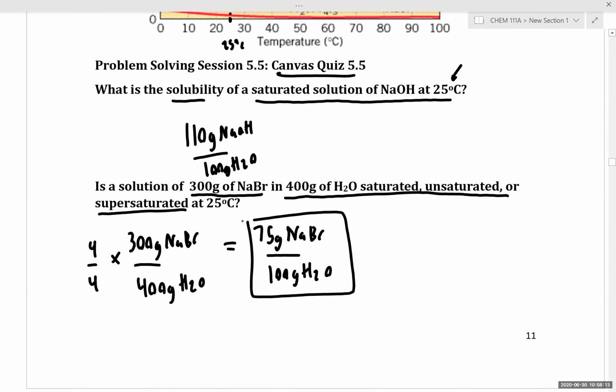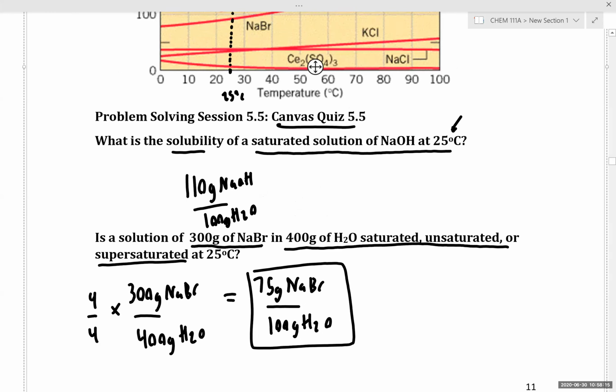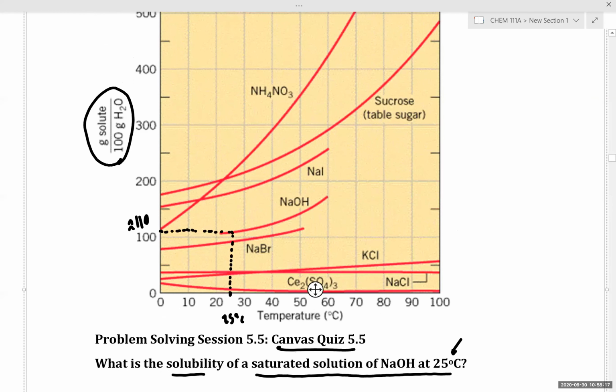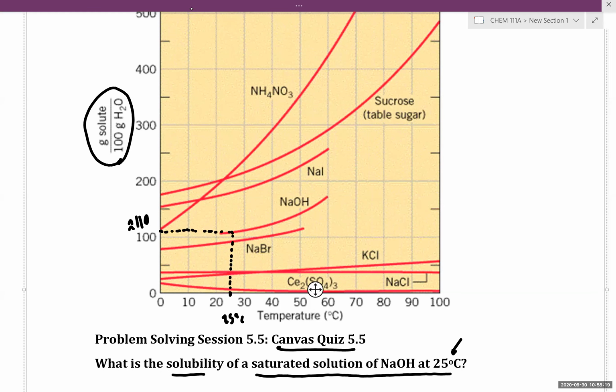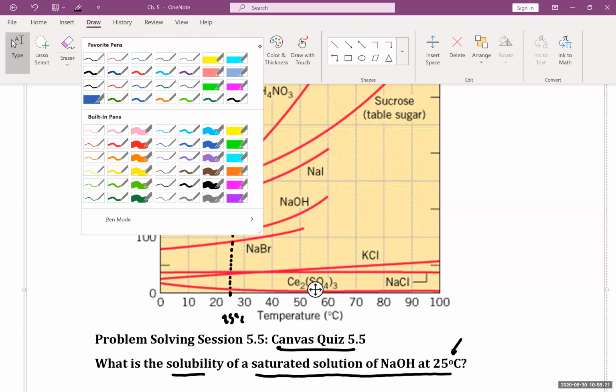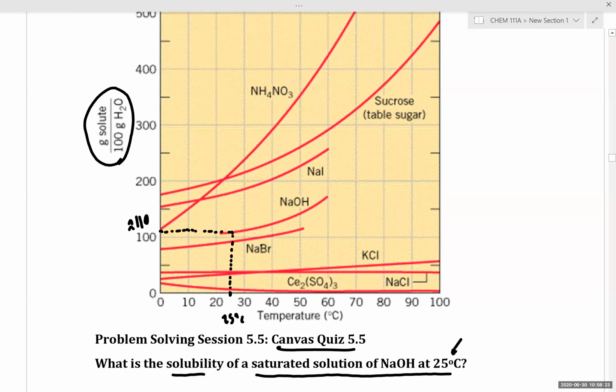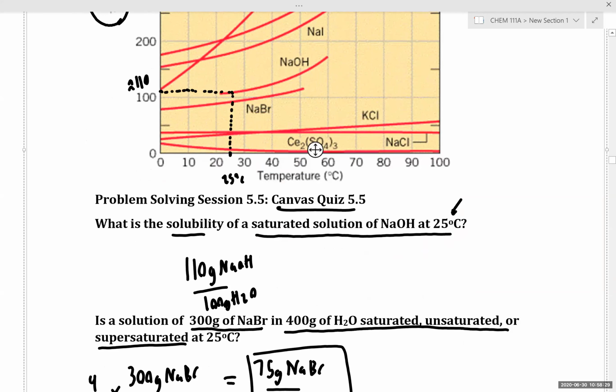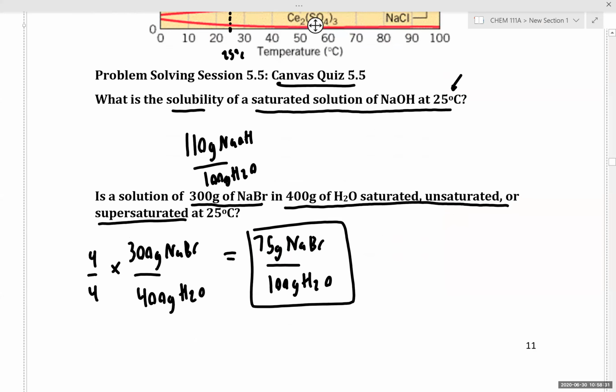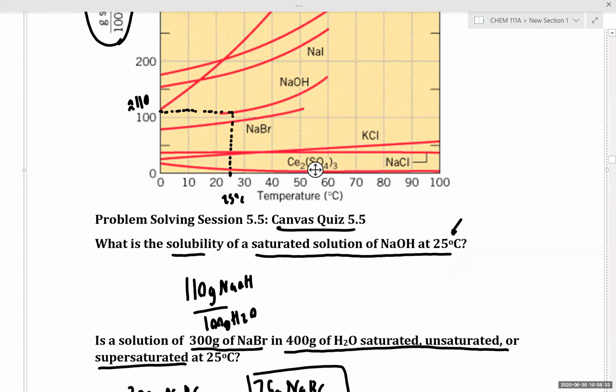Okay, now that we have our solubility, we go up to our graph, and let's do this in purple so that way there's some variant. So 75 is somewhere around, so at 25, so we're going to trace up.